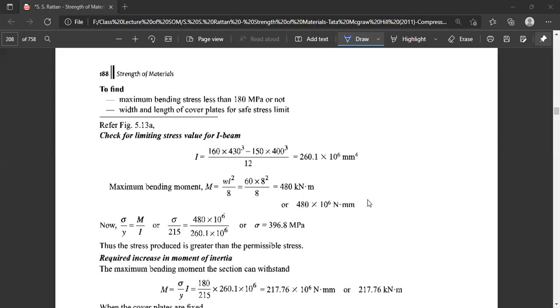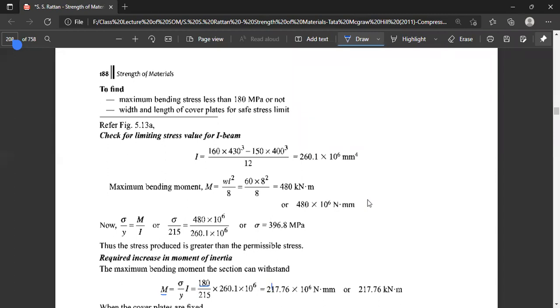the maximum moment the section can withstand. So our permissible bending stress is 180. From the bending equation we are supposed to find out the maximum bending moment the section can withstand. It is given by M equal to sigma divided by y into I. The 180 is the given permissible stress, divided by y, the distance of the furthermost fiber from the central axis, that is half of the height of the I-beam, 430 divided by 2, 215, multiplied by the moment of inertia of the I-beam, which is already calculated, 260.1 into 10 to the power 6.